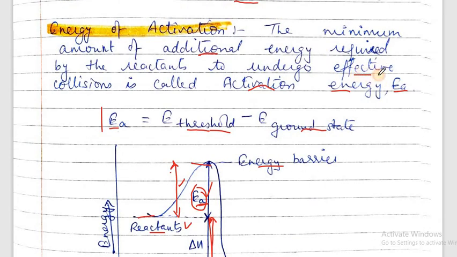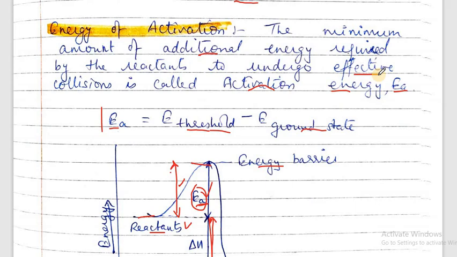So now, what are the effective collisions we have talked about here? The collisions must be effective, which means the reactants may react but they do not give products. So the reactant molecules must have a minimum amount of energy, that is the threshold energy. So threshold energy is the energy the reactants have plus activation energy if required.